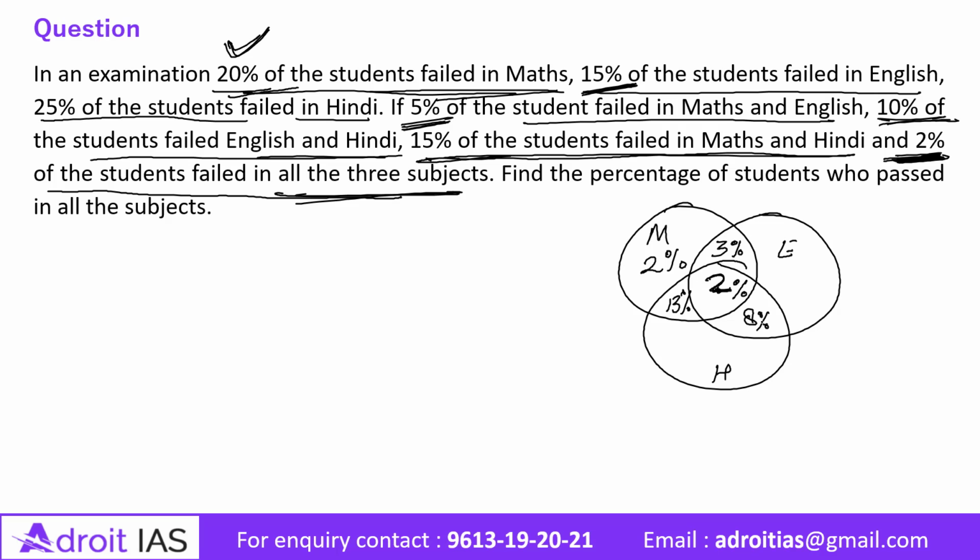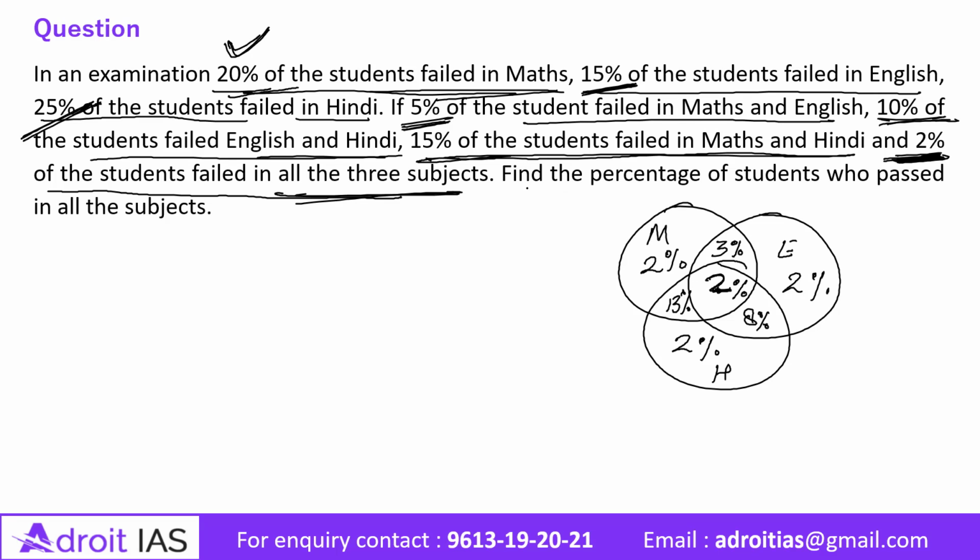Out of that, we have 13%. So 8 plus 10 plus 3 is 13. So we are left with 2%, right? Now 15 plus 8 is 23. For Hindi, we should have 25%. So 13 plus 10 is 23. So this is 2%, right? Now this Venn diagram is complete.